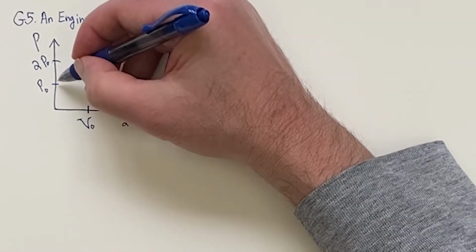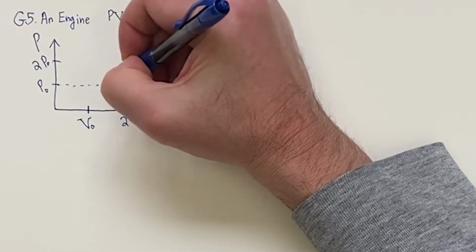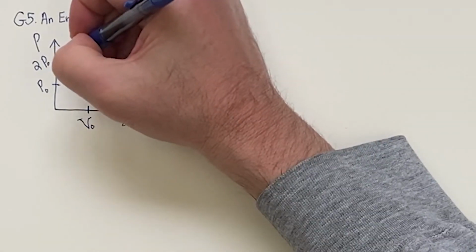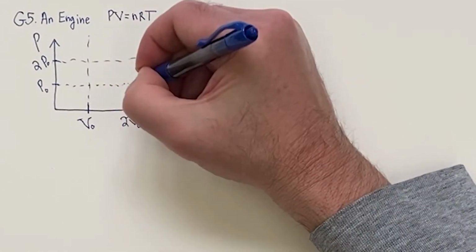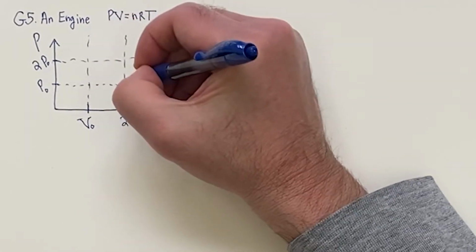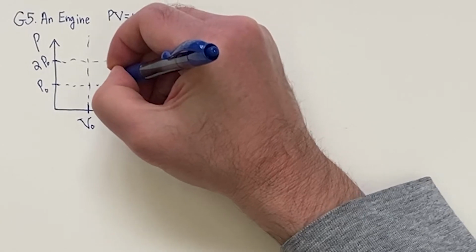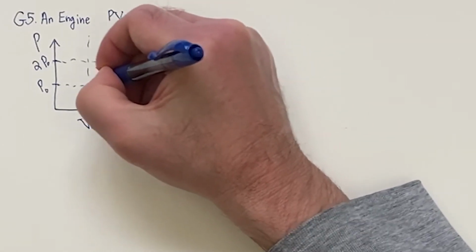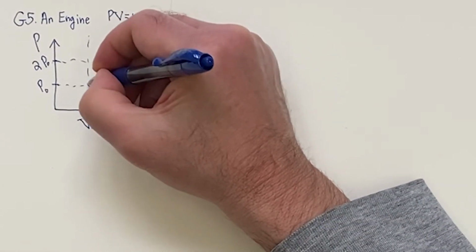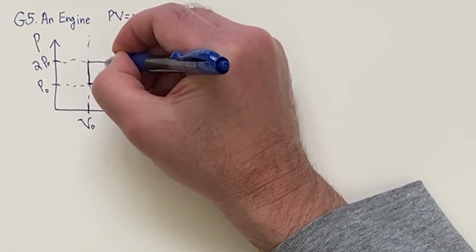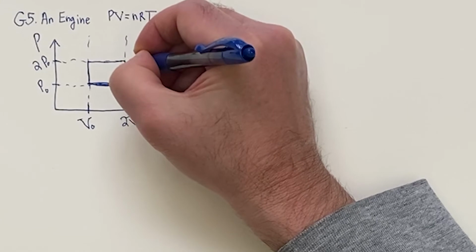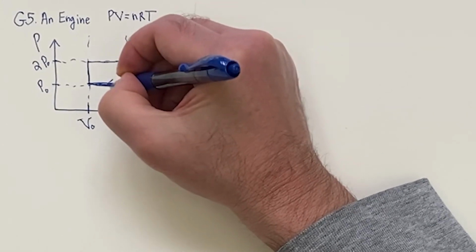And then this is just to give me a reference so I can sketch it better, like a graph paper thing. And say here, I'm going to compress the gas, and then there'll be some kind of fuel that'll explode and make the gas expand, and then we'll compress it and repeat the process.